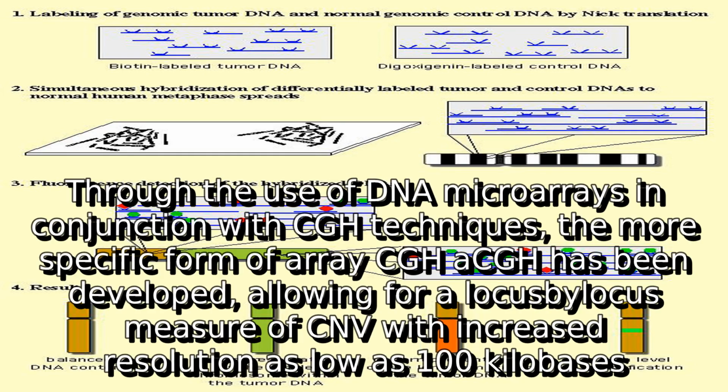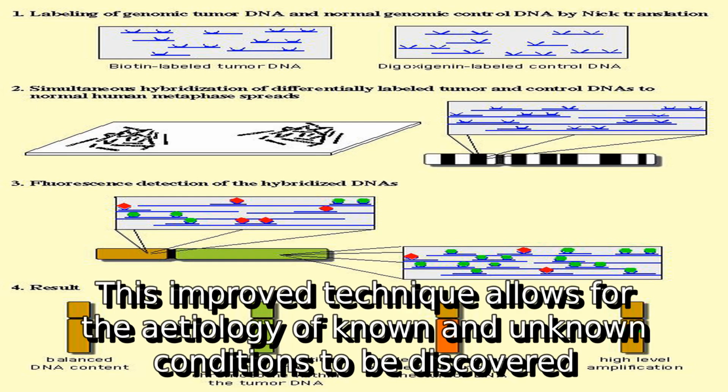Through the use of DNA microarrays in conjunction with CGH techniques, the more specific form of array CGH has been developed, allowing for a locus-by-locus measure of CNV with increased resolution as low as 100 kilobases. This improved technique allows for the etiology of known and unknown conditions to be discovered.